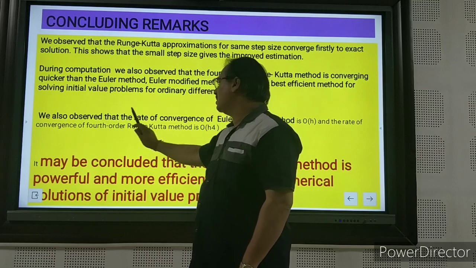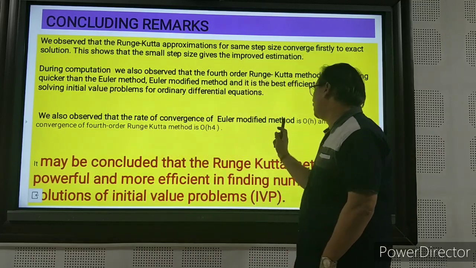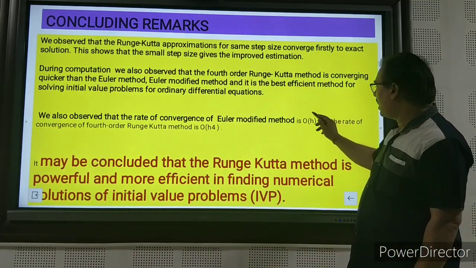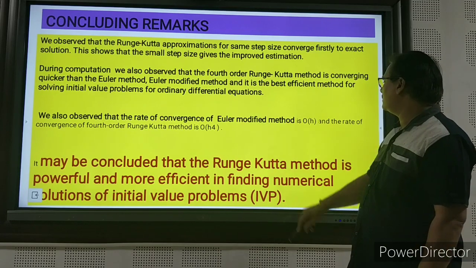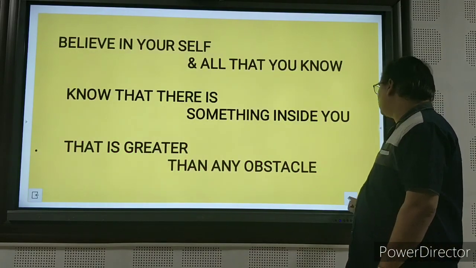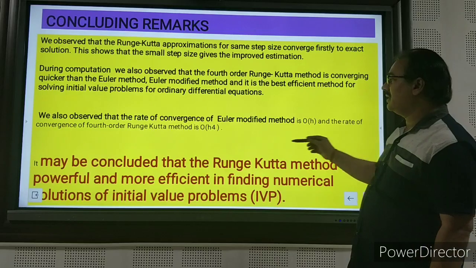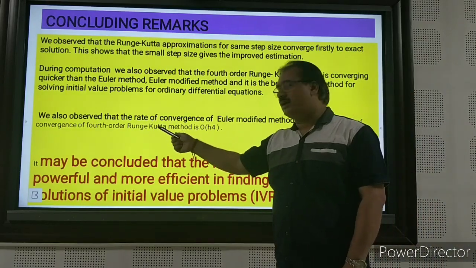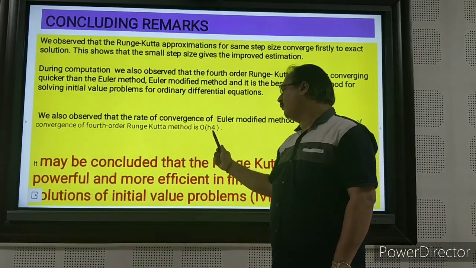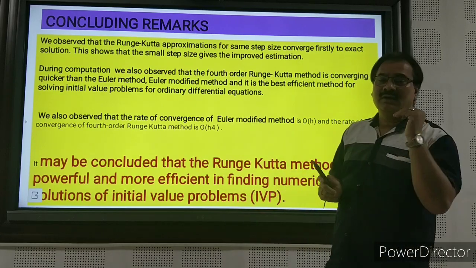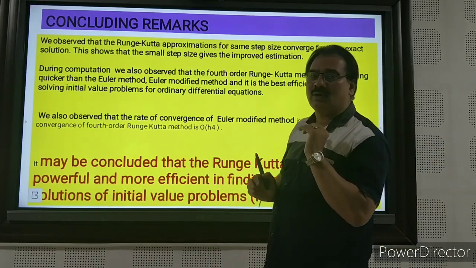We also observe that the rate of convergence of Euler's modified method is of order h, as we have already seen, but the rate of convergence of the fourth order Runge-Kutta method is of order 4. Mind it, it means we have already discussed the error.